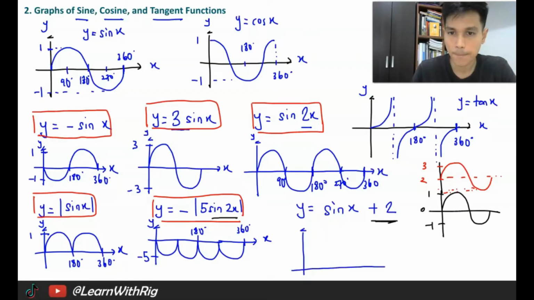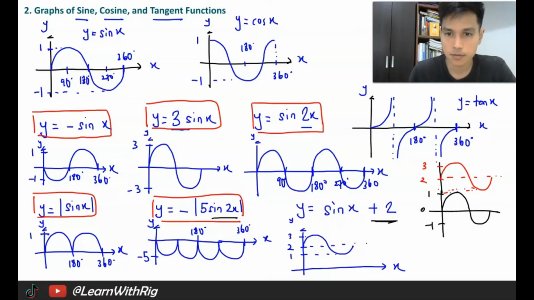Here is x, here is y, here is 2, so your graph looks like this. That is 2, here should be 1, and here should be 3.